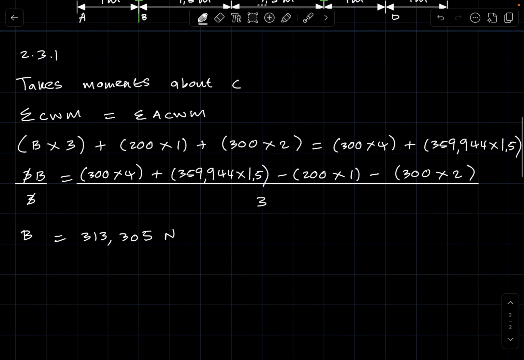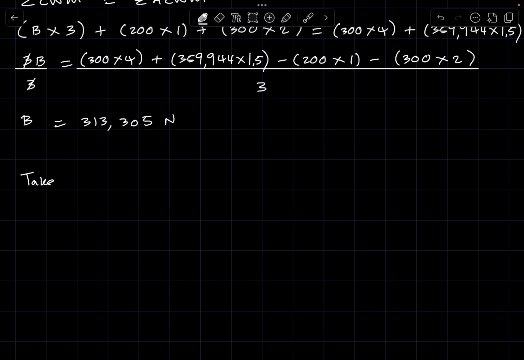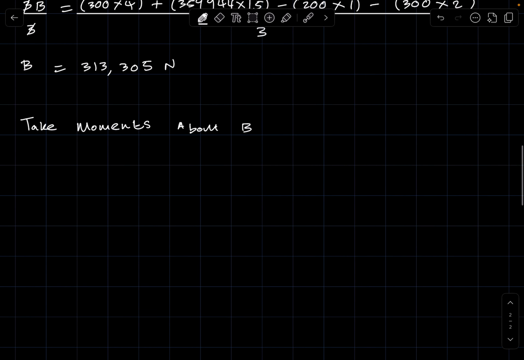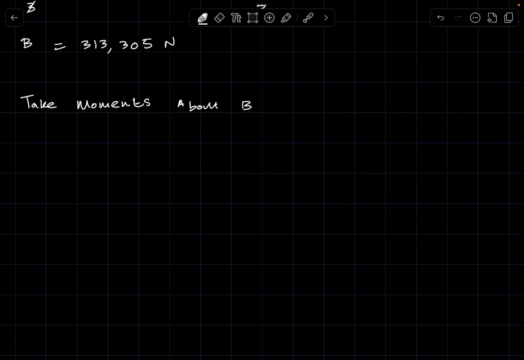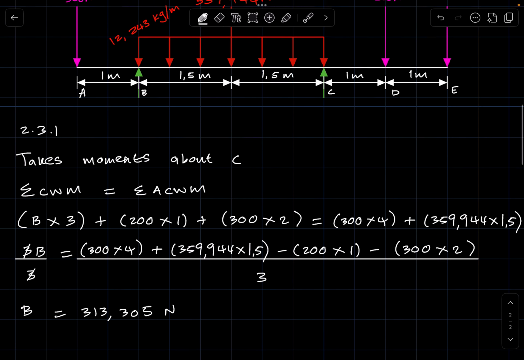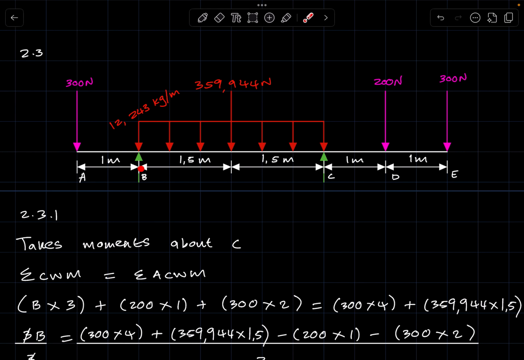So now we are taking moments about B now, so we can get the reaction at C. Sum of clockwise moments is equal to the sum of anti-clockwise moments. We are now taking moments about B.